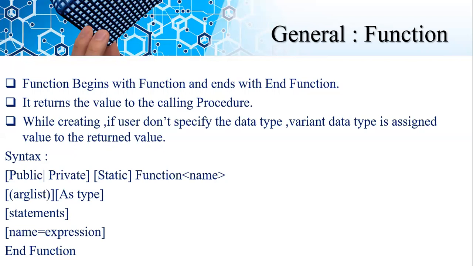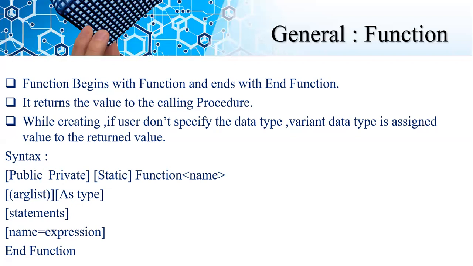As I already told you, a function returns a value to the calling procedure, whereas a procedure does not return any value to the program. While creating a procedure as a function, if the user does not specify any data type to return a value, it is compulsory for the user to specify a return type.